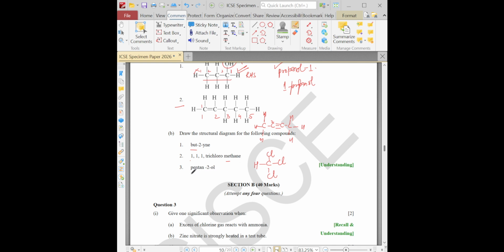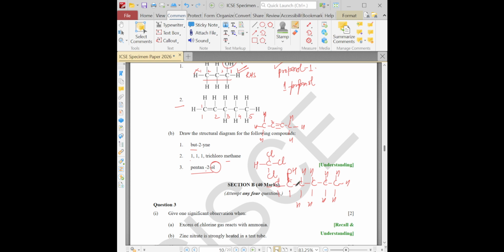Now the last structure, pentan-2-ol. Pentane. So 1 2 3 4 5. Ol means there is an OH group. Okay, and where it is, it is on the second carbon. Okay, so 1 2. So on this carbon I put OH, and on the rest, all carbons should have, remember, 4 hands. So 1 2 3 4. For this carbon, hydrogen hydrogen hydrogen.